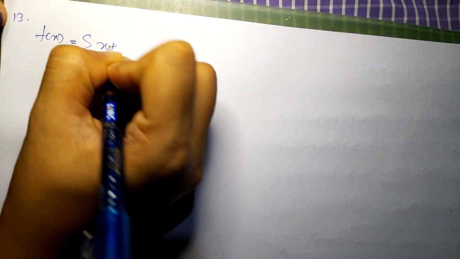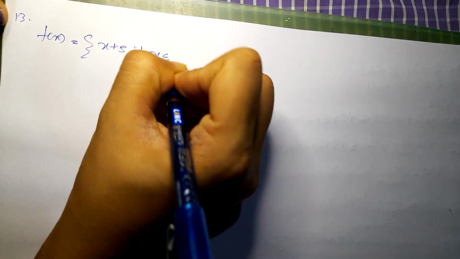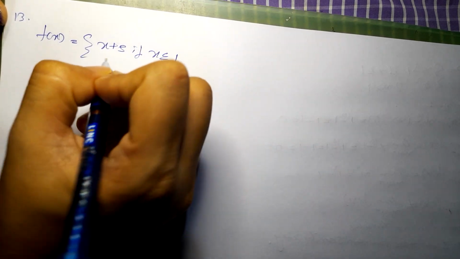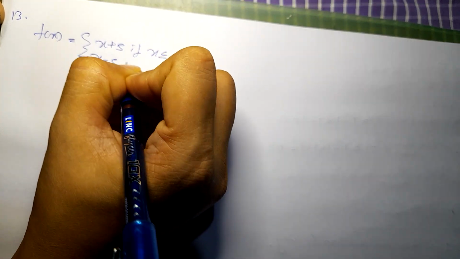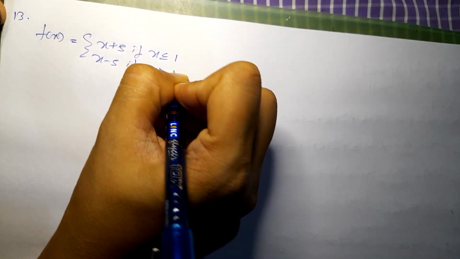First let's write the function. Question number 13. The given function is f of x equal to x plus 5 if x less than or equal to 1, x minus 5 if x greater than 1.